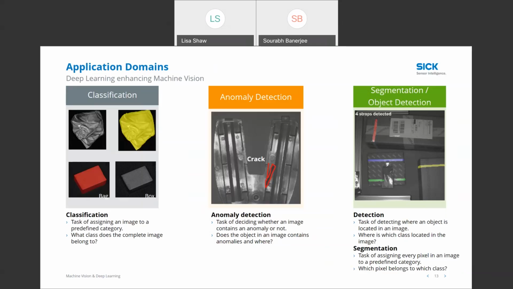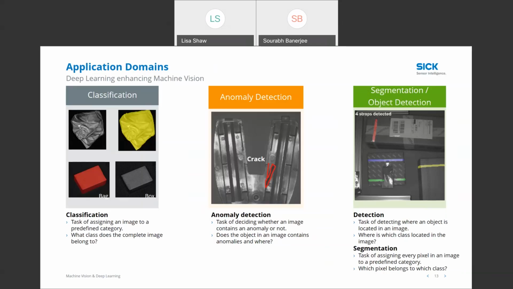Then comes segmentation. This is the most advanced level of deep learning, which is segmentation and detection. In detection, you're asking a question: if you have multiple objects in multiple different classes, and you're looking for a certain object that could be amongst them, where in these objects might it be located?